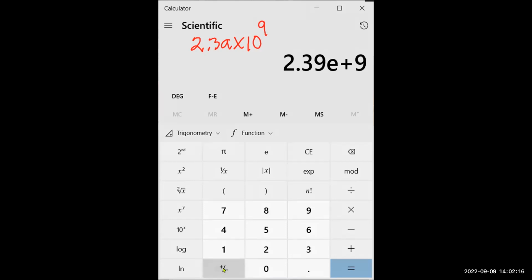Now, there's another button most calculators have. It's called floating point or engineering units. It toggles you back and forth between writing that number longhand and scientific notation. In Windows, it's the E-E button.